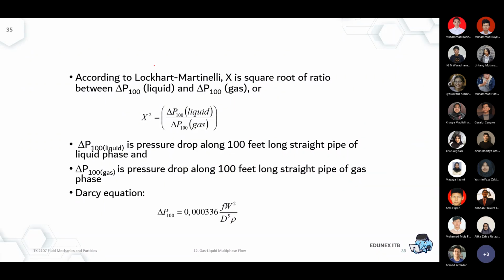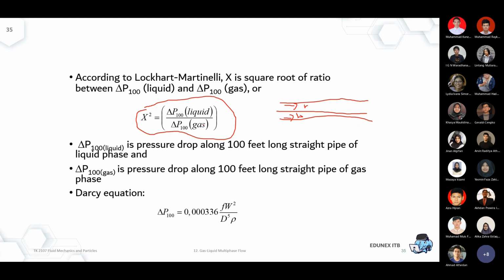See over here, according to Lockhart-Martinelli, X square is a ratio if we assume that the pipeline is pure gas and then assume it is pure liquid. Remember my initial illustration. We know that it's a combination of vapor and liquid inside this two-phase flow.